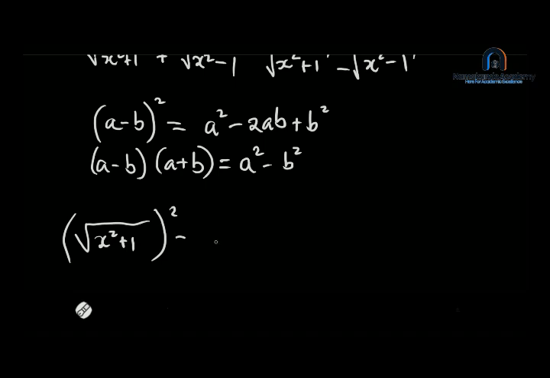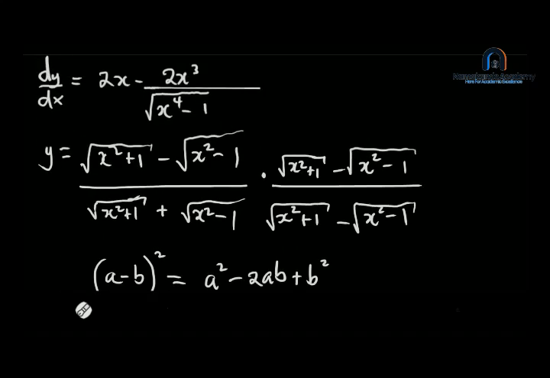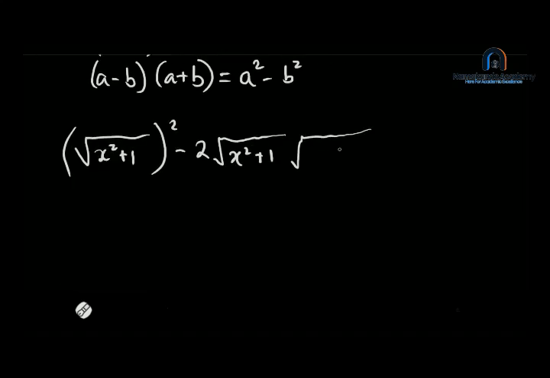Then we say minus 2 multiplied by square root of a, which is x squared plus 1, multiplied by the square root of b, which is x squared minus 1.